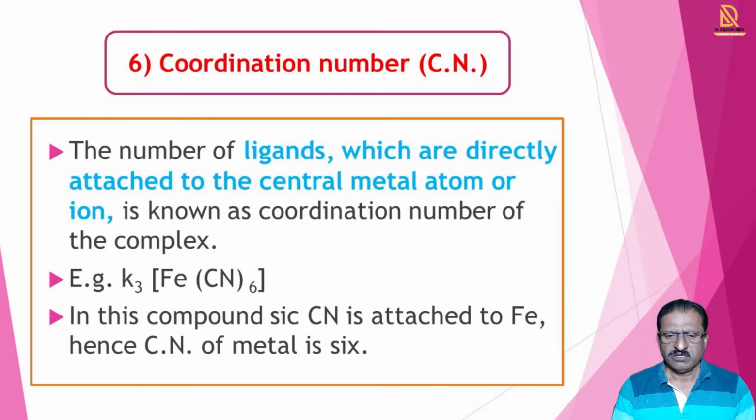We take one other example, K4[Fe(CN)6]. In K4[Fe(CN)6] also, Fe is attached to 6 CN, and so the coordination number of Fe in K4[Fe(CN)6] is also 6. In this way, we can take different examples and see the coordination number of different complexes or metals.